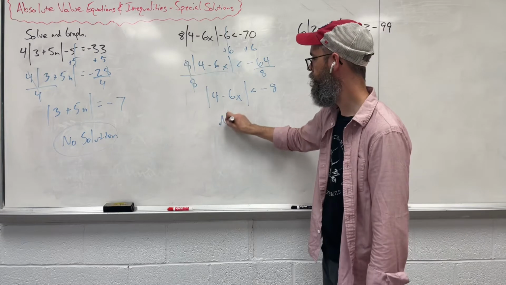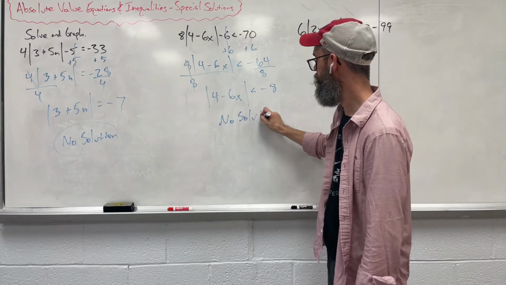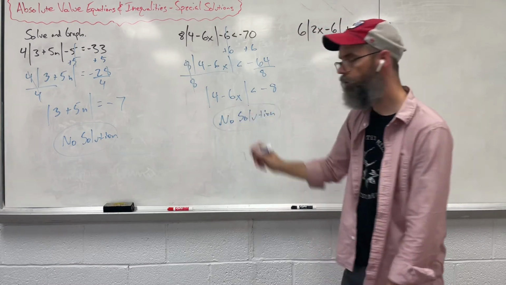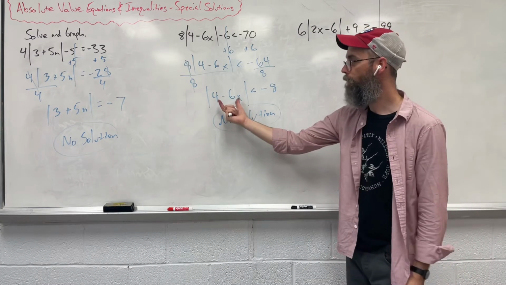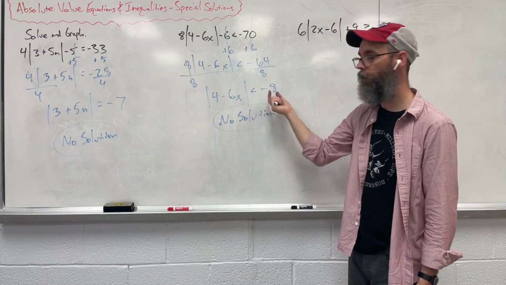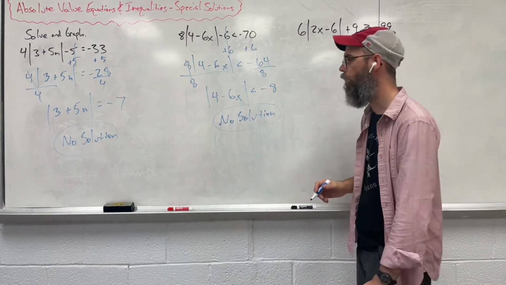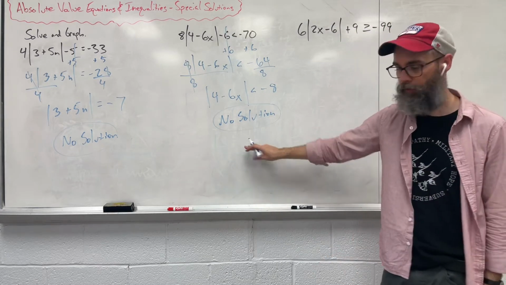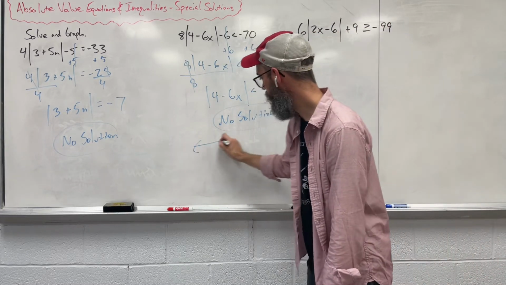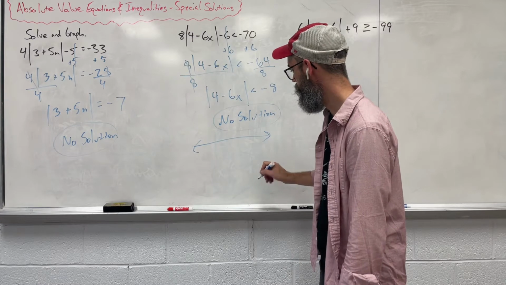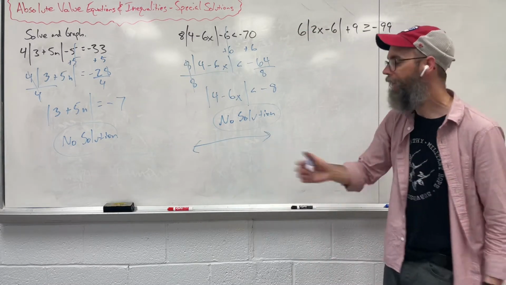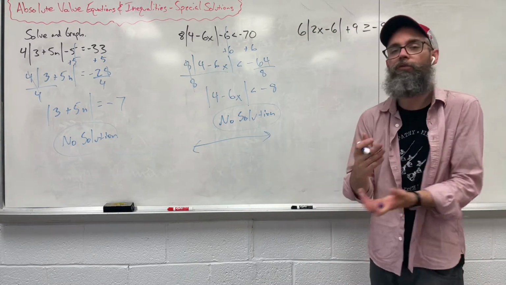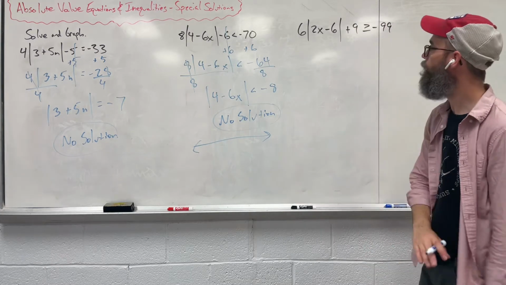Here, no solution. An absolute value is always positive. It can't be smaller than a negative. That statement is wrong. But we still need to graph this. So what does that graph look like? It's blank. It's empty. There's nothing we can put on it because there is no number that's an answer. So we leave it blank.